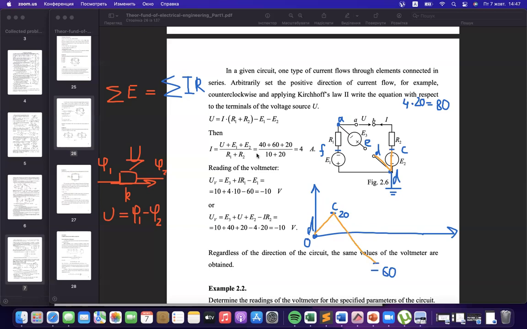I draw not exactly to scale because I want to show the idea, and we don't have so much space on this drawing. That is why it is just to show the general idea of how this voltage changes.